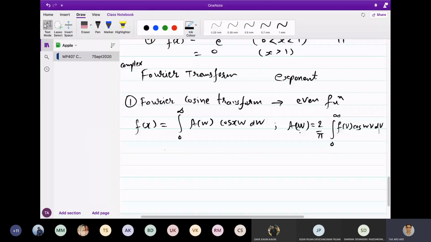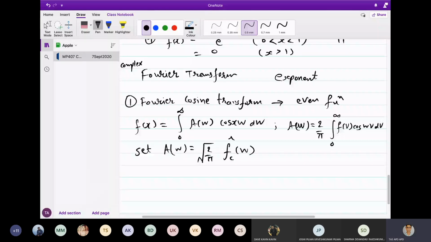Now for the Fourier cosine transform, we set this coefficient A as a function of w to be equal to under root 2 over pi times some function which I'm representing by small f hat as a function of w.